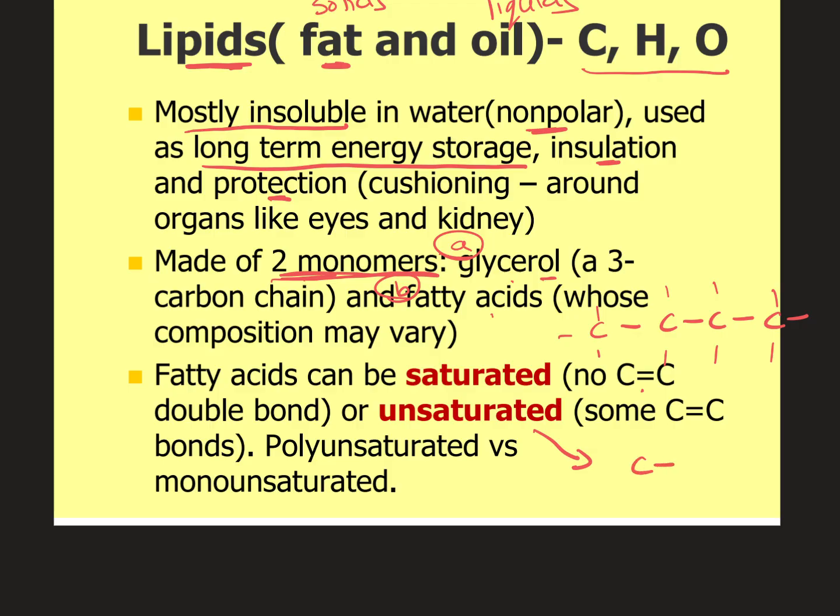So you'll have a carbon single, then a carbon double. Put a hydrogen here, here. That's the difference there. And then polyunsaturated, poly meaning many, so this would be many carbon-carbon double bonds. Monounsaturated means there's just one.